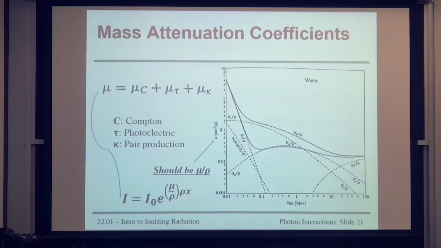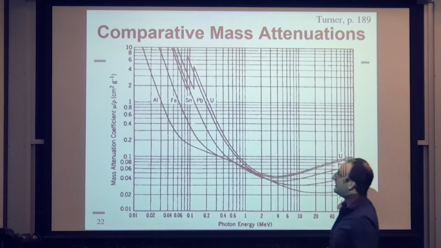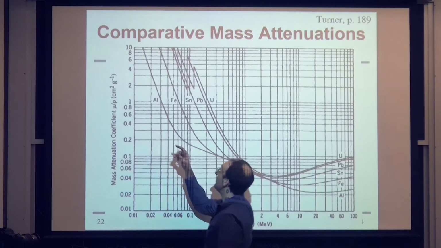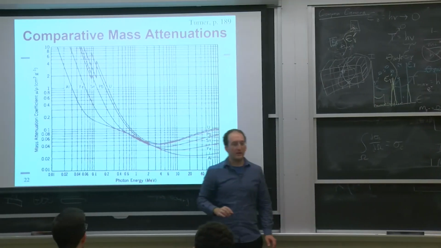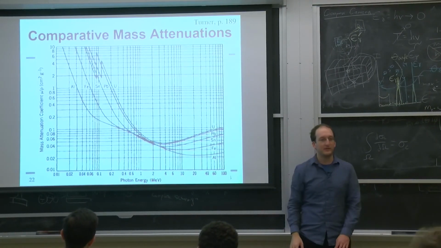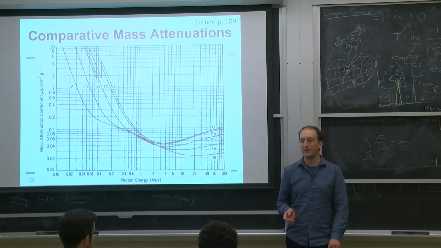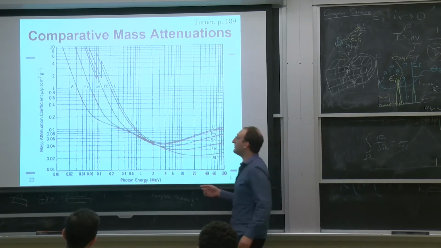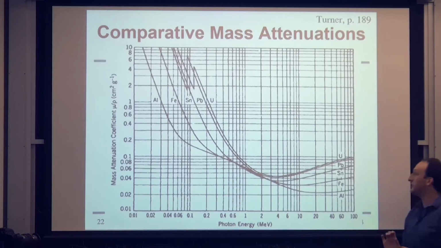And the best weapon you have is these mass attenuation coefficients to look at their relative values. Now these, again, are in centimeters squared per gram. So this actually ranks aluminum to uranium on a per atom basis. It has nothing to do with their higher densities, which only help things. This just tells you how effective each of these elements is relatively at blocking gammas of different energies.